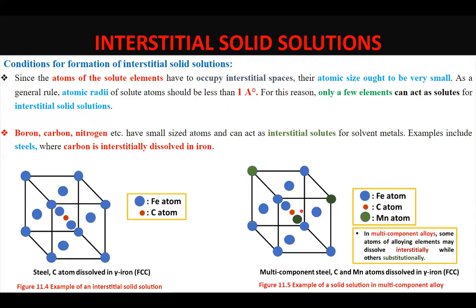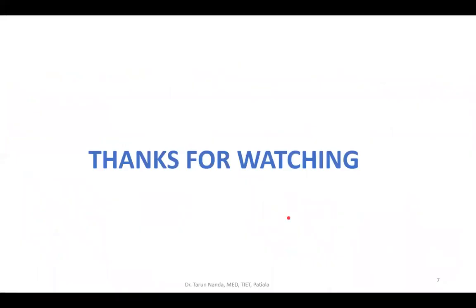So in multiple component systems, you would see that the solute atoms may substitute the solvent atoms at some of the lattice positions in the solvent element's crystal structure, and some of the elements may come interstitially also.